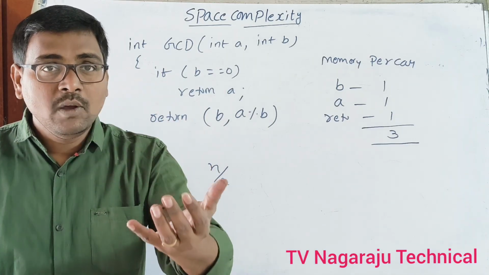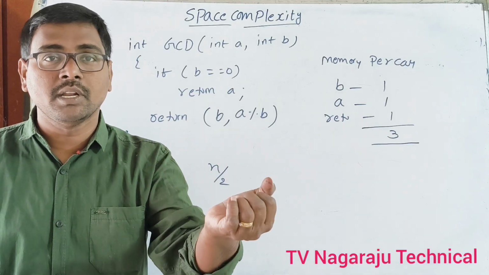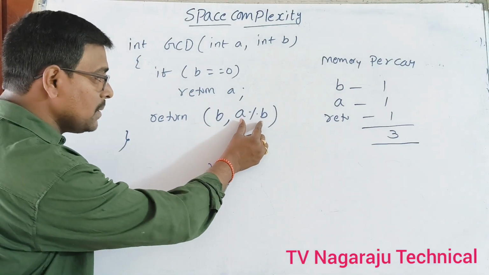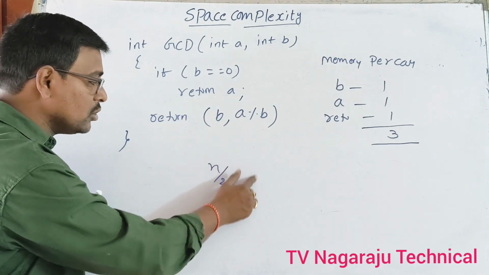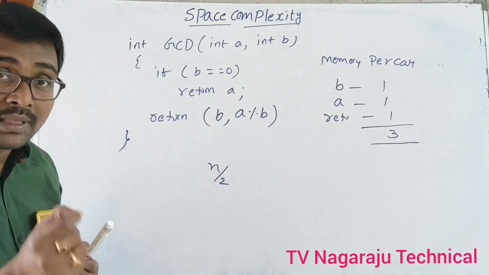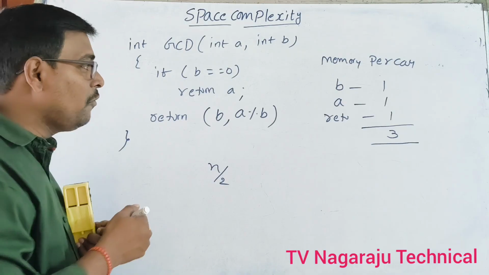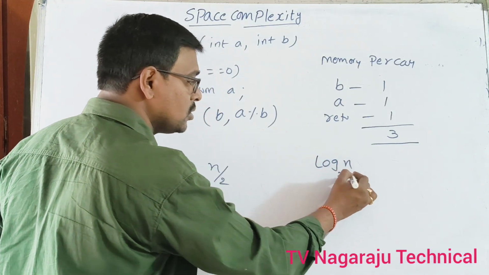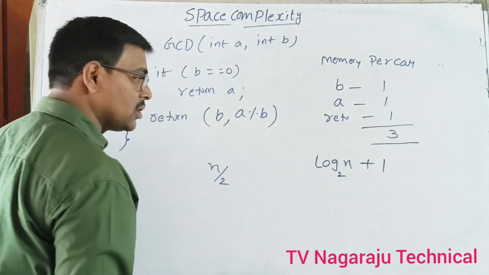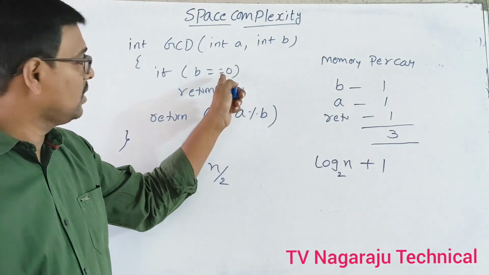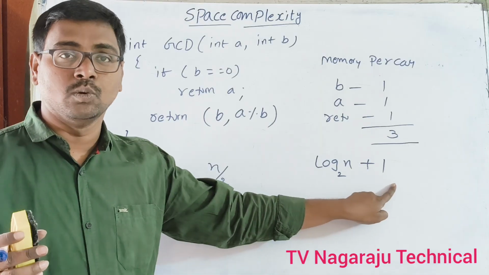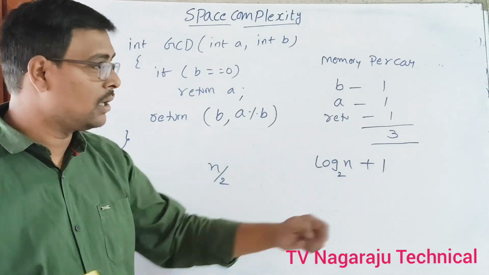Why? Finally, we represent it in asymptotic notation, so we need only an approximate value. Approximately it is drastically reduced to n by 2. That means the number of recursive calls is log n base 2. The depth of the recursion, including this one, is log n plus 1.